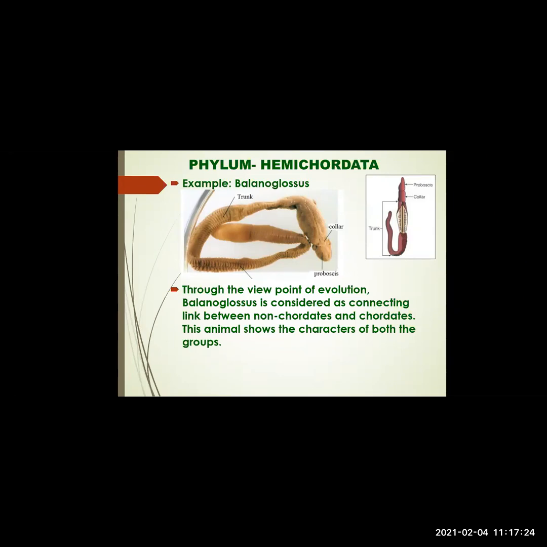Ostia are the smaller pores by which the water is taken inside the body. Even the nutrients along with the water enter through ostia. Then oscula, the larger openings through which the water is given out.